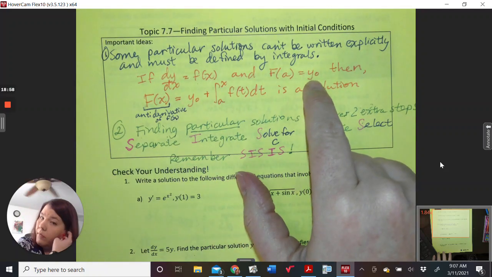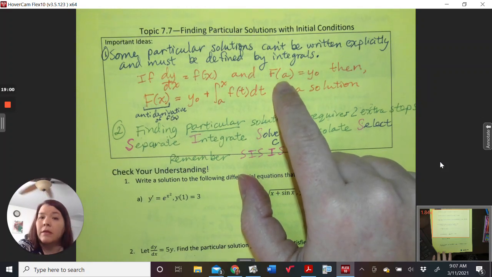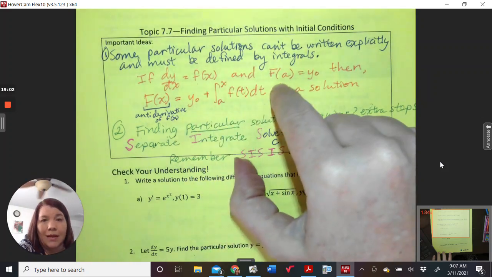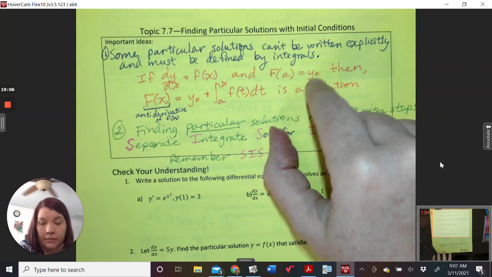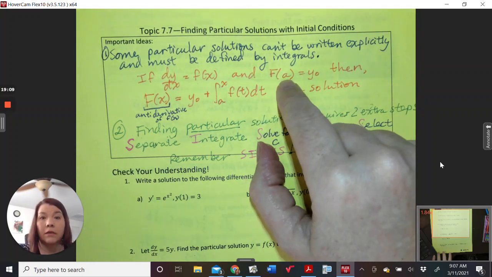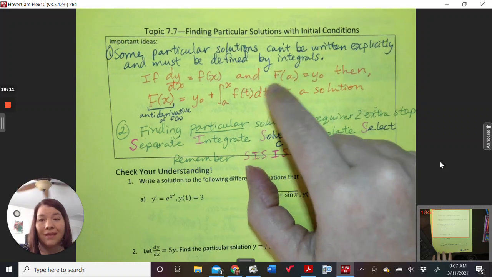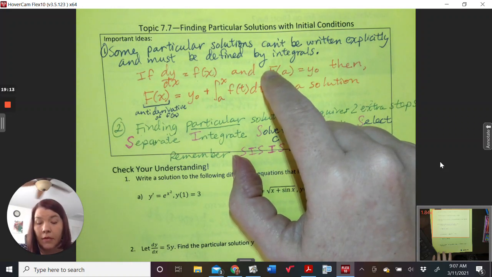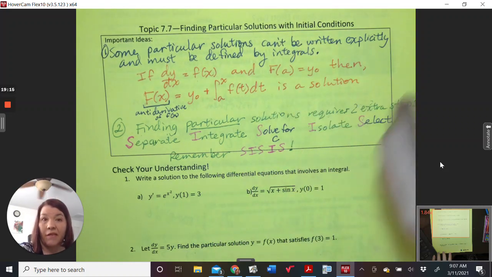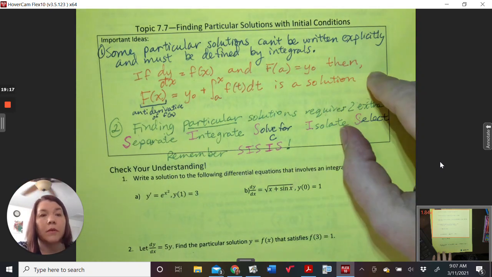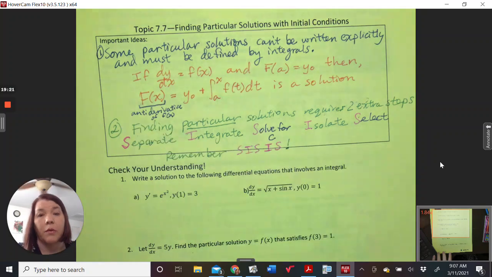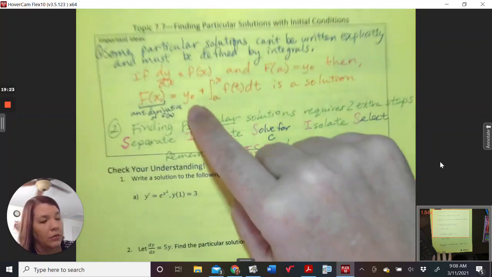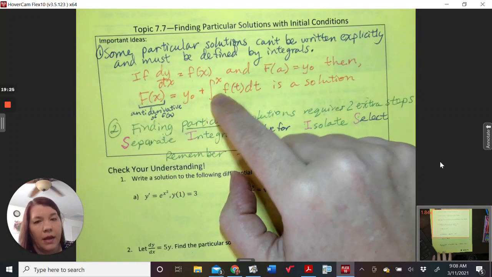We have some context. In our case, at time 0, when we start counting sea lions, there were 500. Then capital F of x, the antiderivative of lowercase f of x, is equal to y sub 0 plus the integral from a to x of f of t dt, is a solution. And so that's when it says, hey, write me, but don't solve. That's where we're at.